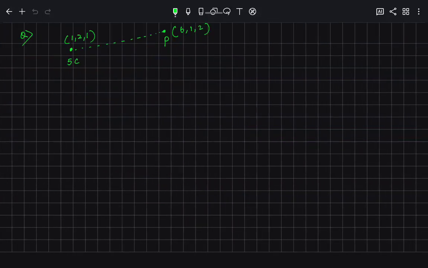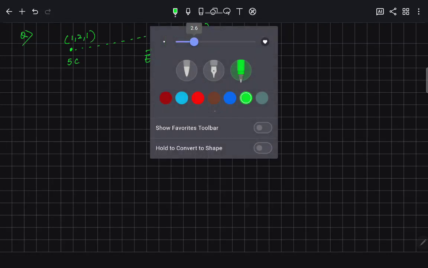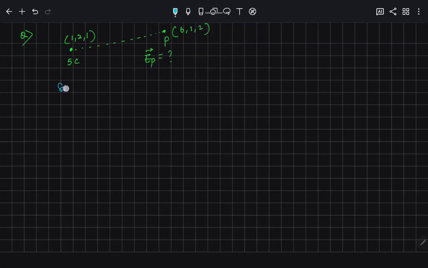Let's see. So now I have to find the electric field at point P. Let's see how I'll do it. Write down that formula. Electric field is equal to kq divided by r cube into r vector, because q is positive here.